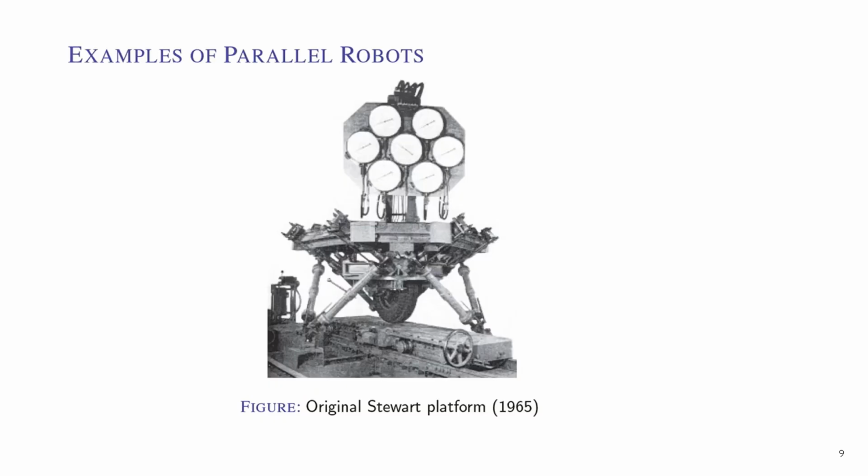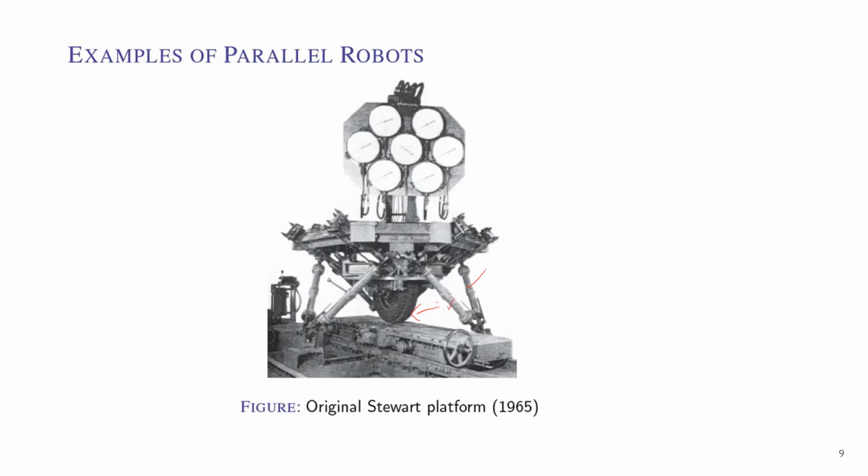The next example, as you see here, is the Stewart platform, and on the moving platform you can see a tire attached. The tire is linked to the ground by six links of varying length.